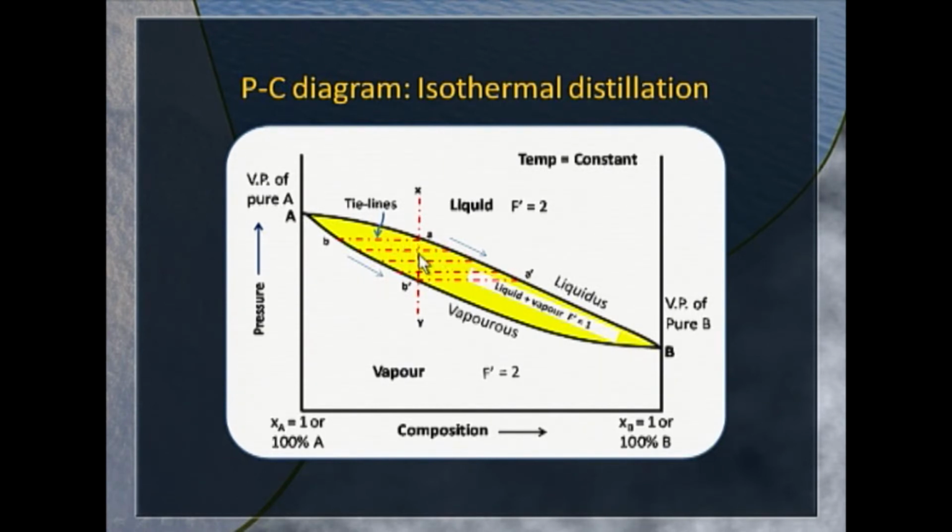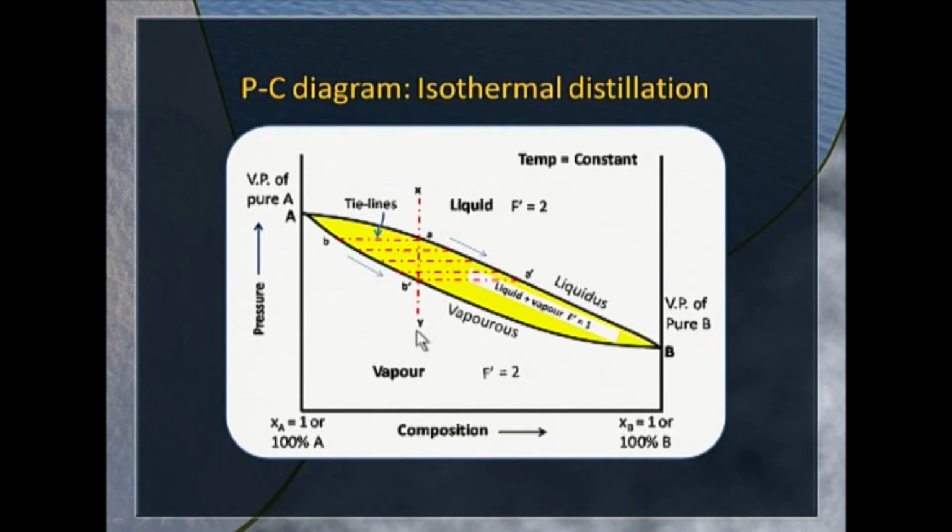And when we bring down the pressure to point B prime here, the vapor composition has shifted from B to B prime and the liquid composition has shifted from A to A prime. We are left with only traces of liquid. Most of it has vaporized at point B prime, and then further decrease in pressure leads to complete vaporization as we reach point Y. When we reach point Y, the entire liquid is converted into vapor.